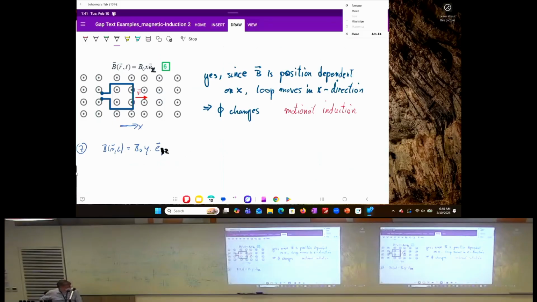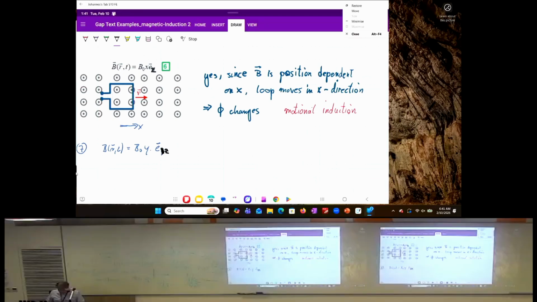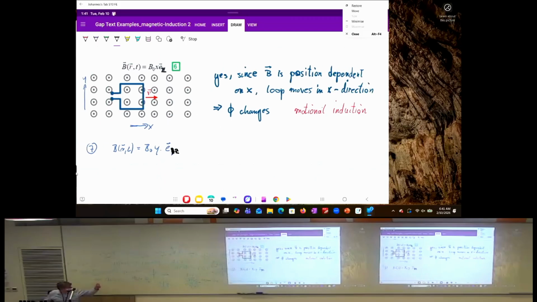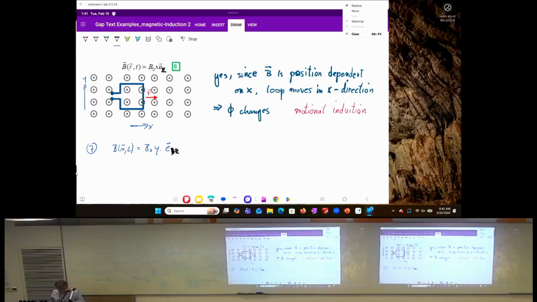More interesting is the scenario where we have a variation of the B field that changes with the coordinate y, so y is the upward direction, but it is still oriented in z direction. Still, we will not get any voltage induced, because the y dependence is not of relevance if we move our loop in x direction.